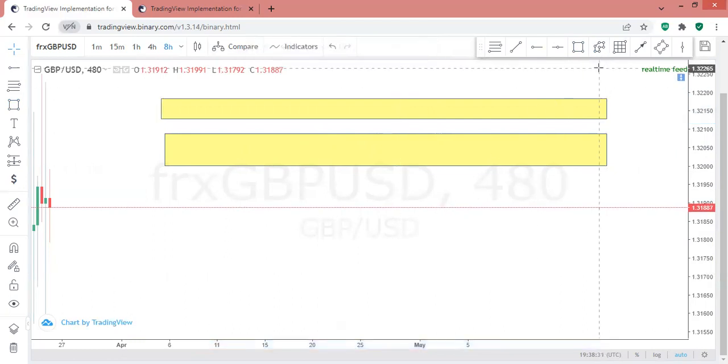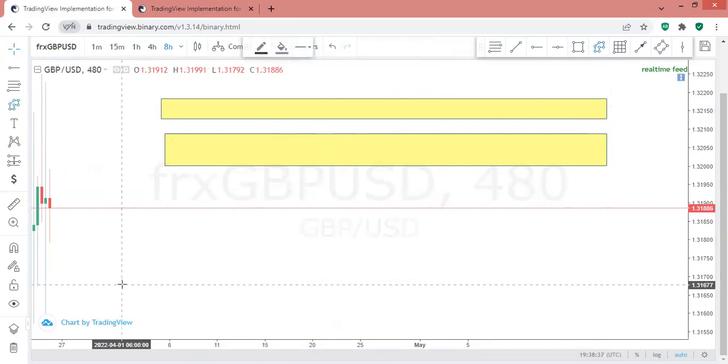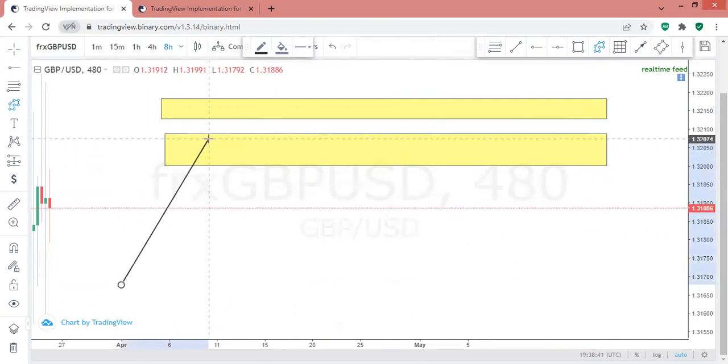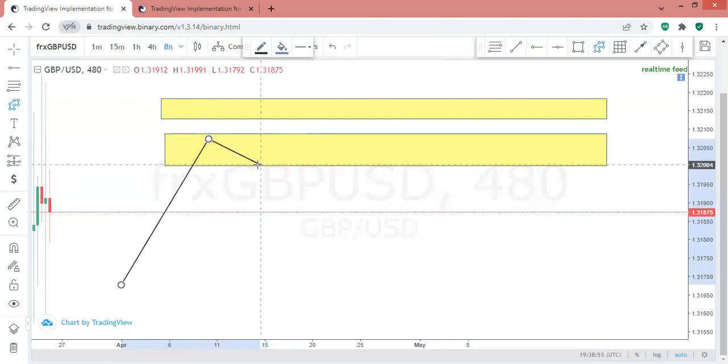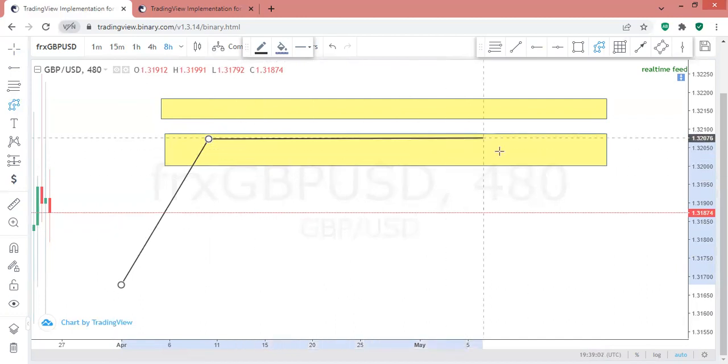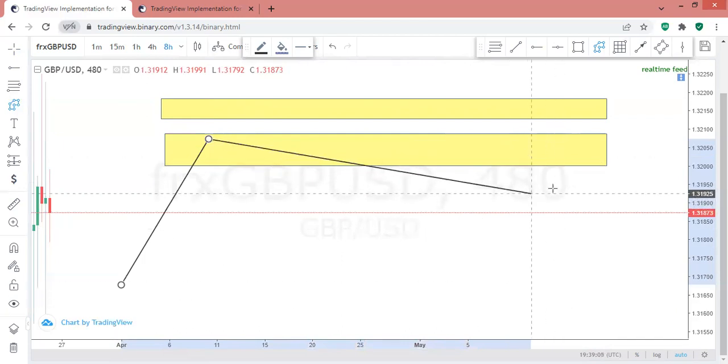Now, one thing that will give me an extra confirmation that price is ready to move from a particular zone is if price comes into here. For an imbalance of 8 hours, it will be advisable you look for, let's say, a 30 minutes break of structure to the downside, or let's say 1 hour break of structure, because you actually want to ride this trend for a long time.